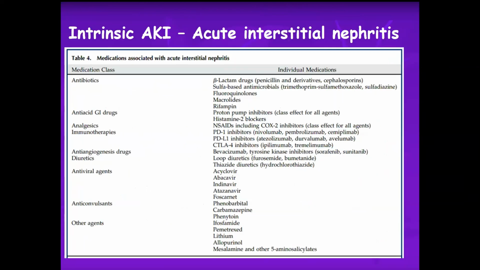Now acute interstitial nephritis: other medications involved with acute interstitial nephritis include your antibiotics, your beta-lactams, which obviously are your penicillins and your cephalosporins, your sulfur-based antimicrobials, your antacid GIT drugs, so your proton pump inhibitors, and your antiviral agents, like I mentioned, acyclovir, indinavir, abacavir.